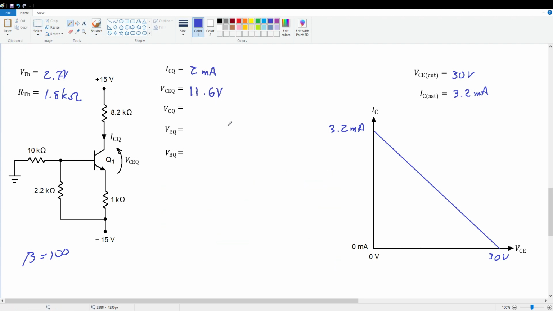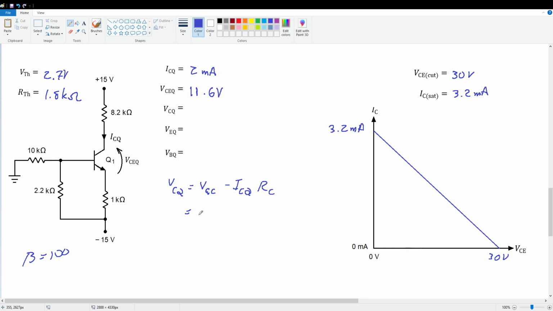VCQ we know is VCC minus the drop on the collector resistor, so it's VCC minus ICQ times RC.